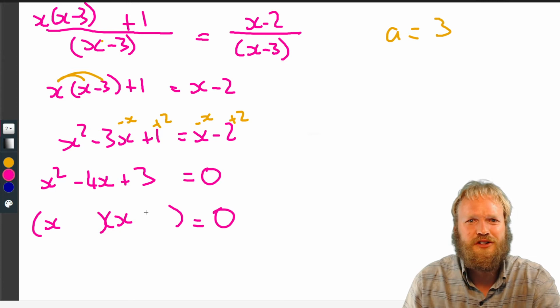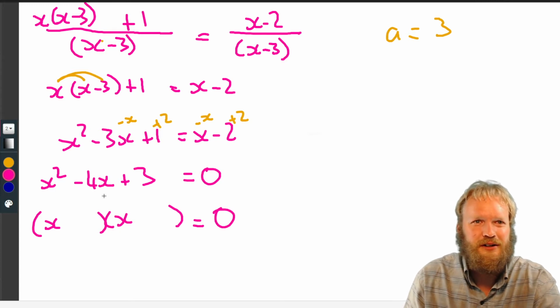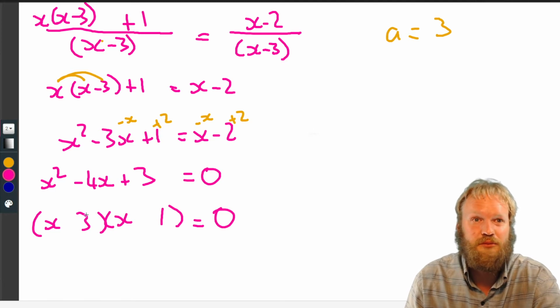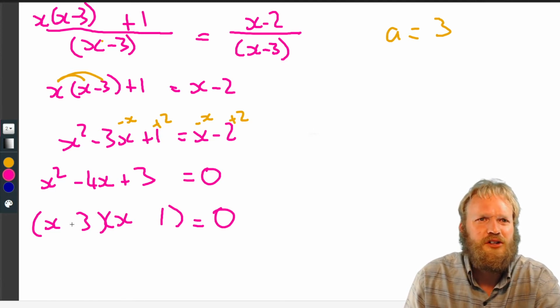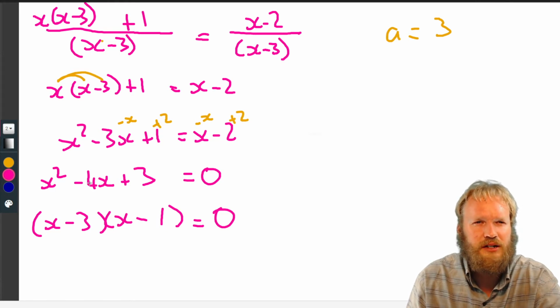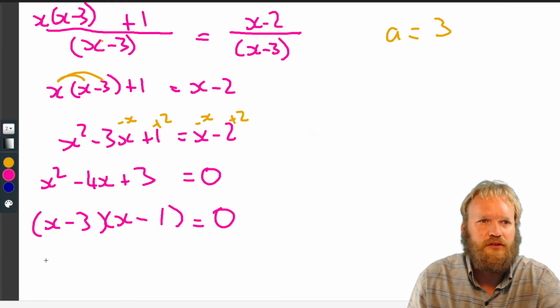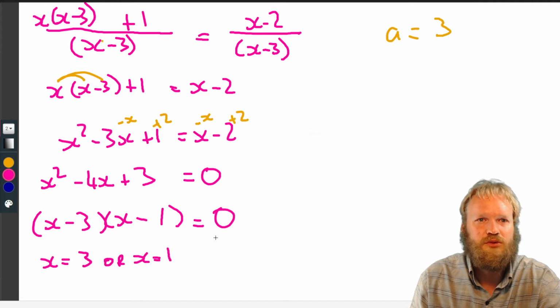What are the other parts of these brackets? Well, we need to do 3 times 1. It's our only real option in integers. So we go minus 3 times minus 1, minus 3x, minus 1x. Cool, that works. So we've got x equals 3 or x equals 1.